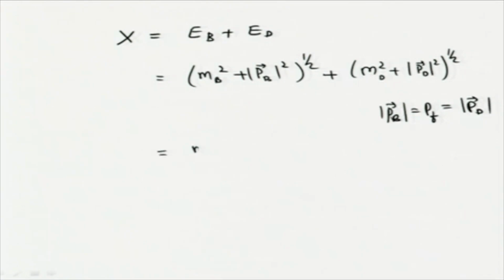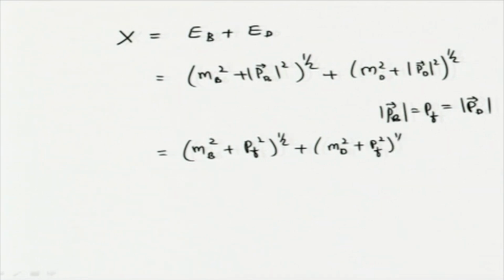So, this is equal to, let me write it as, (m_b squared plus p_f squared) power 1/2 plus (m_d squared plus p_f squared) power 1/2. Let me differentiate this with respect to p_f.